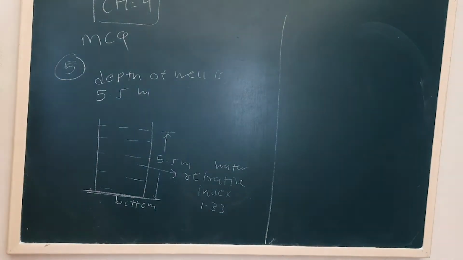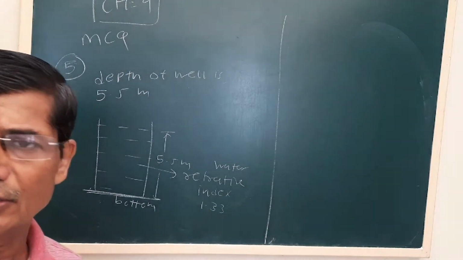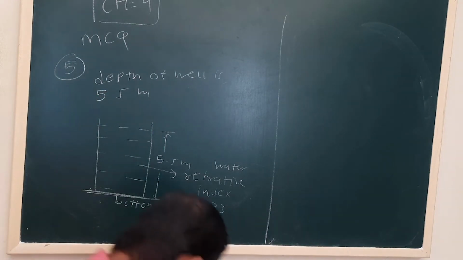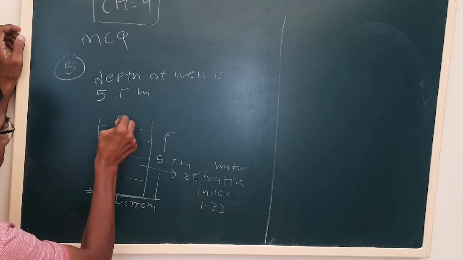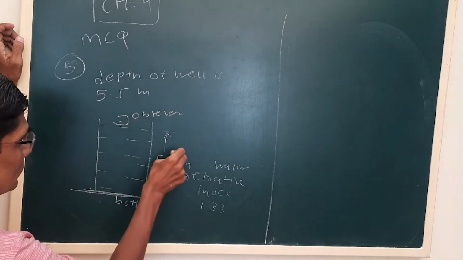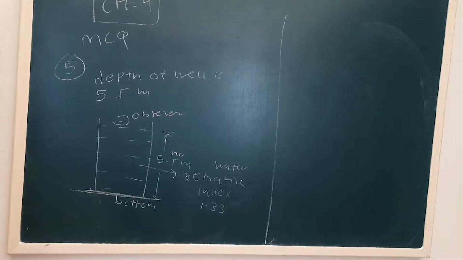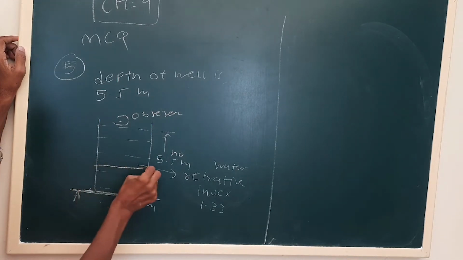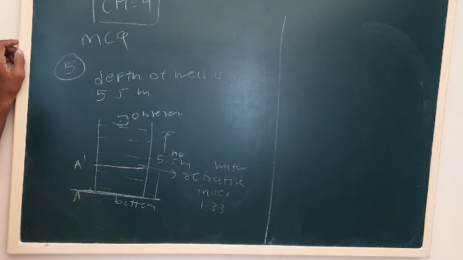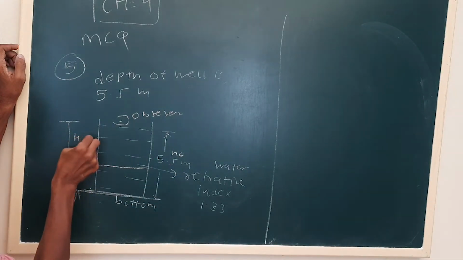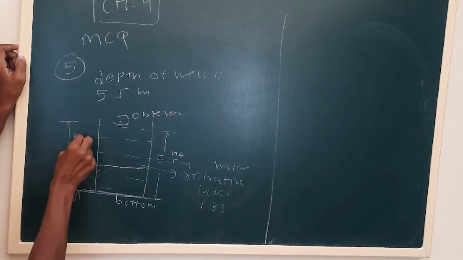We have to find how much the bottom is shifted when an observer looks from above. Here is an observer. This will be our HO. Because of refraction, the bottom appears shifted. Let us say it is at distance A, so it will be shifted to A dash. That distance we can take as HI.